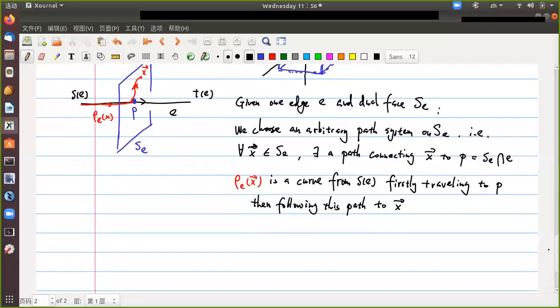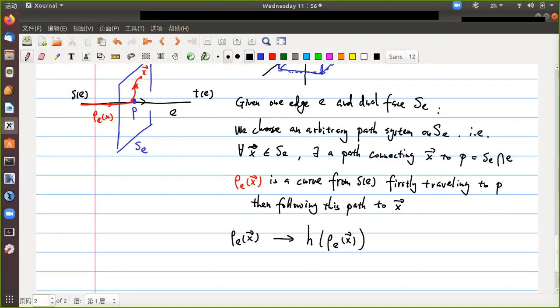Once we have this rho_{E,X}, we can define the holonomy along rho_{E,X}, because rho_{E,X} is just a curve, and once we have a connection field, we can define holonomy on this curve.